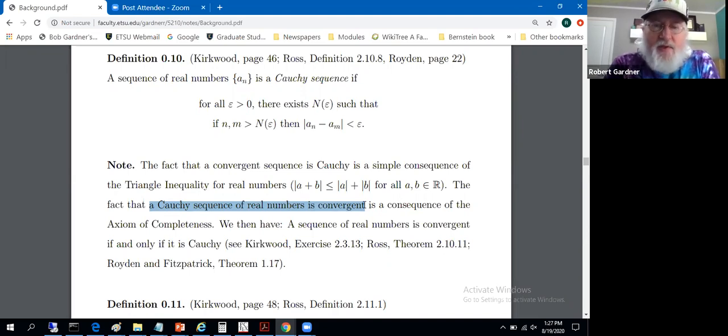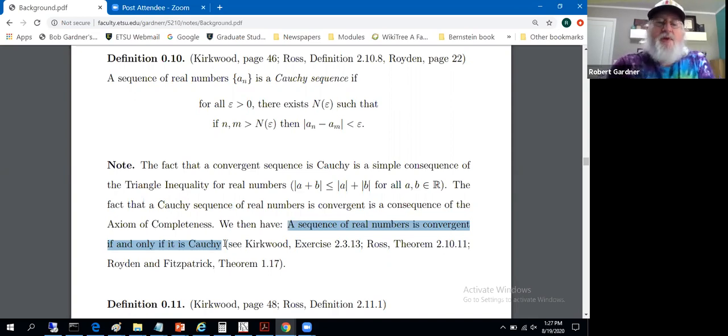See my analysis notes, all the stuff is in the analysis notes. But the fact that convergent sequences are Cauchy, easy, and Cauchy sequences of real numbers are convergent, not easy but true, tells us a sequence of real numbers is convergent if and only if it's Cauchy. So in the setting of the real numbers, Cauchy and convergent are equivalent.